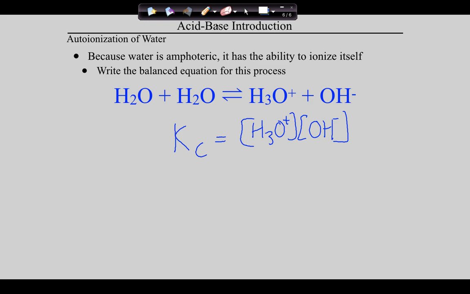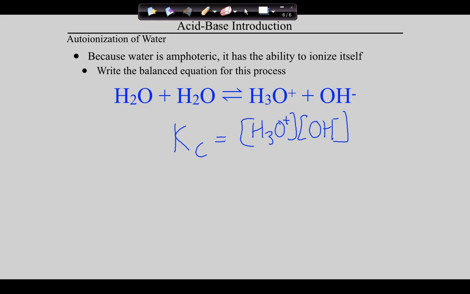No, guys, look, they're equal. Where does the hydronium ion come from? From a water that loses a hydrogen. So if a water loses a hydrogen, it goes to another water and it makes hydronium, and then the one that got left out, the one that lost the hydrogen, becomes hydroxide. So guys, for every one of these that gets formed, one of those has got to get formed. These have got to be equal, yes?